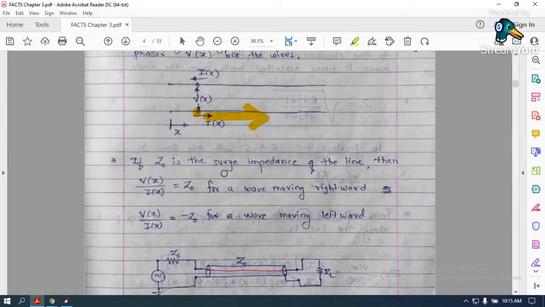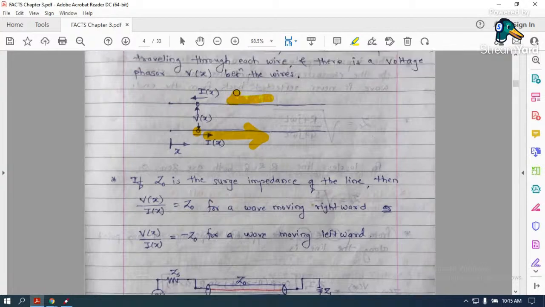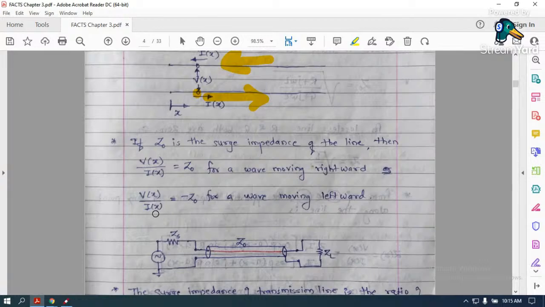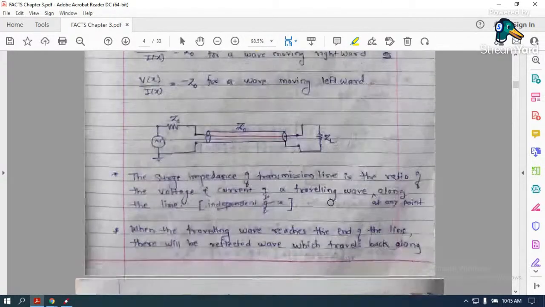For this wave, I can write the surge impedance as V of X upon I of X, moving rightward. Now for leftward, it will be exactly the opposite, that is minus Z0, V of X upon I of X for the wave moving leftward.